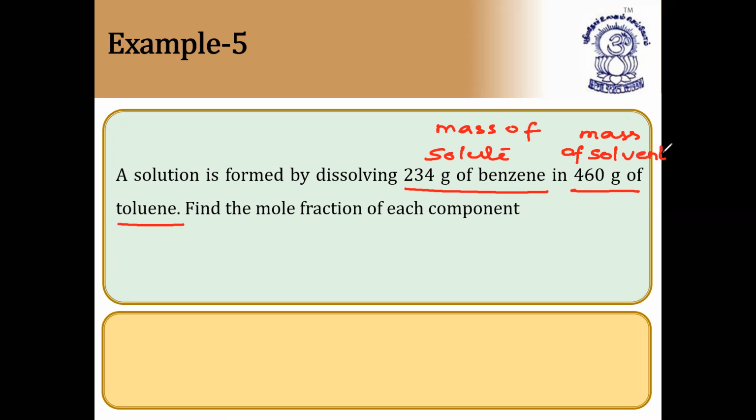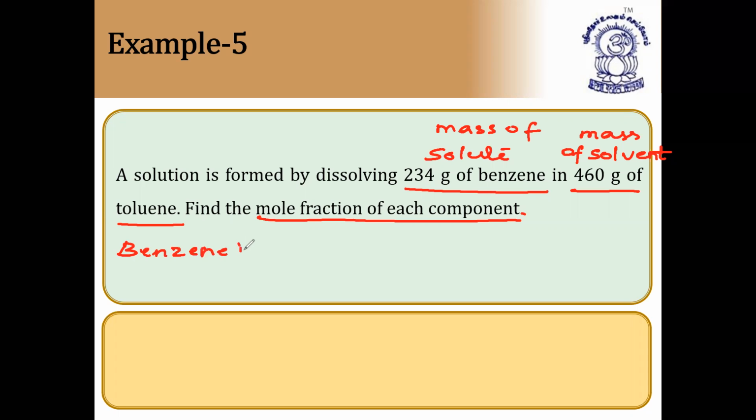Here the benzene formula is C6H6 and the toluene formula is C6H5CH3. We should know the formula, because we have to compare the number of moles first.